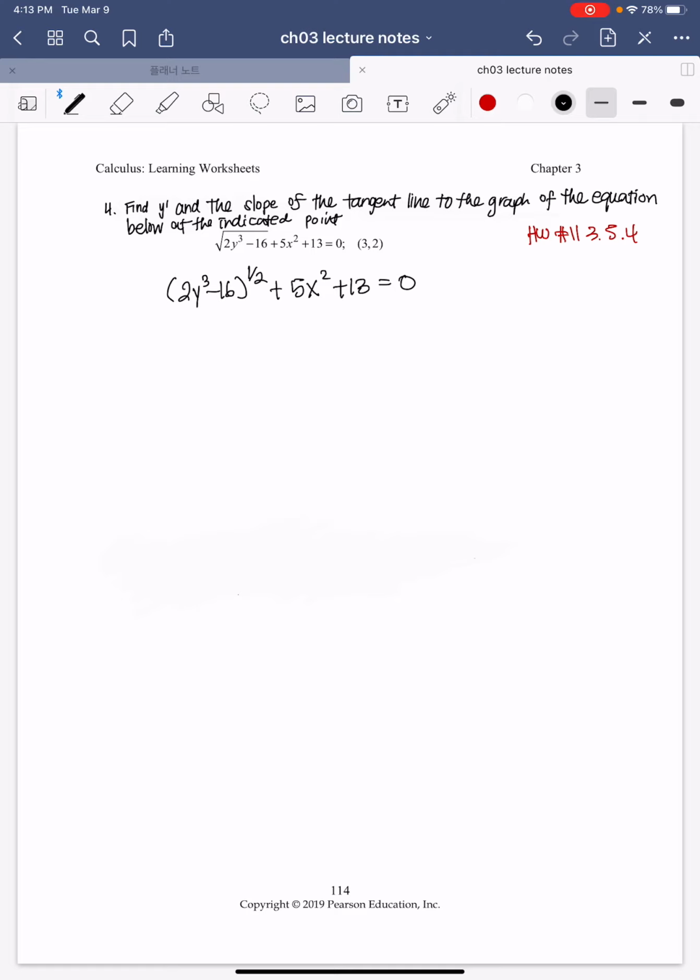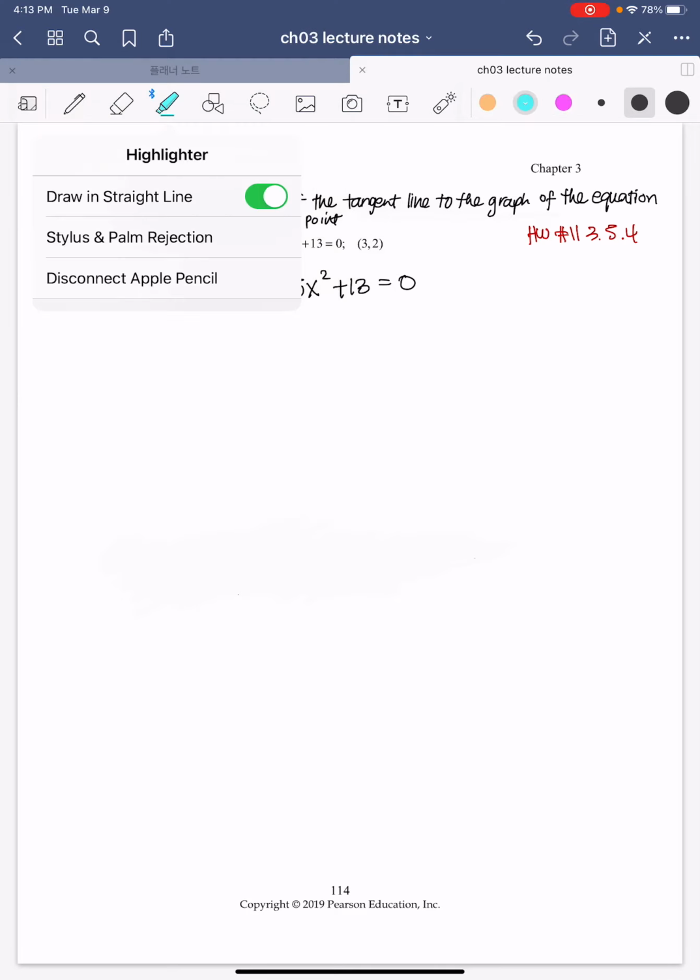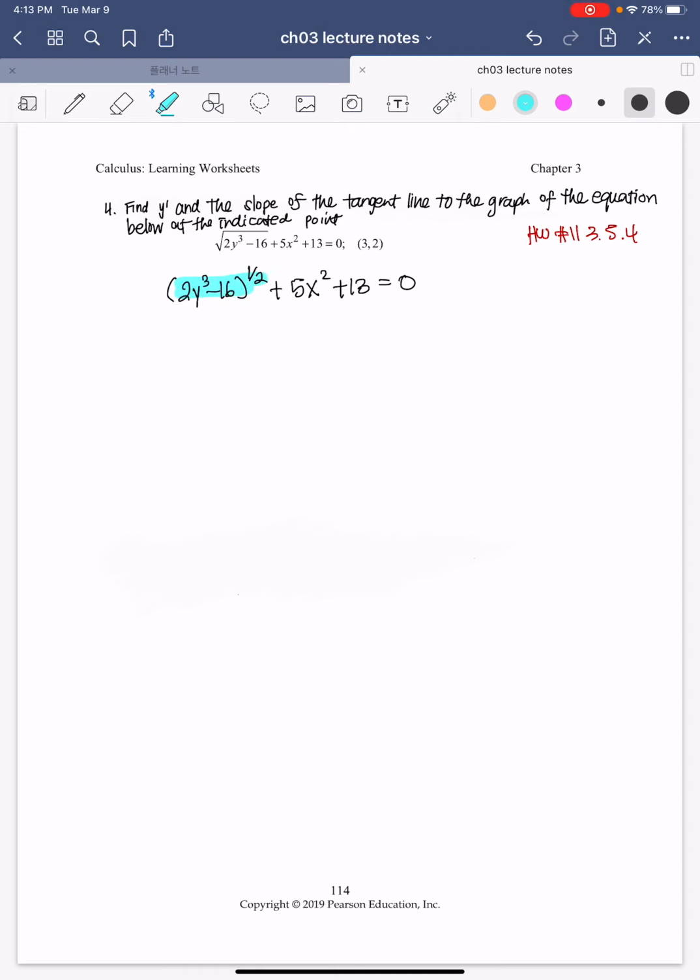Now, if you look at this one, this first term has y, so I'm going to have y prime involved after I take the derivative. And this term requires the chain rule. Last section, you had something inside of a square root function.